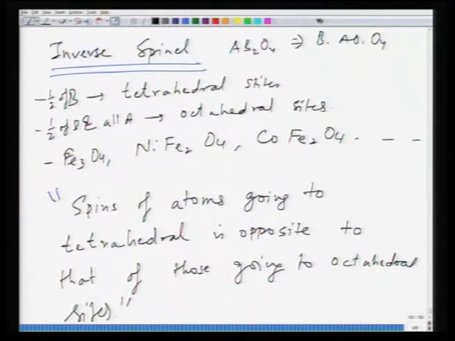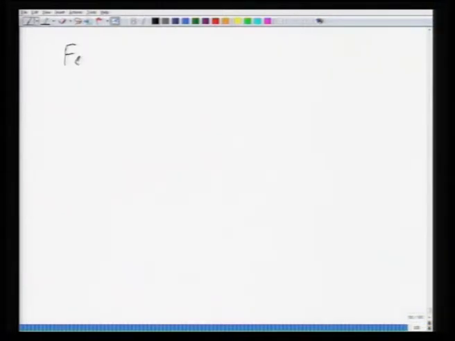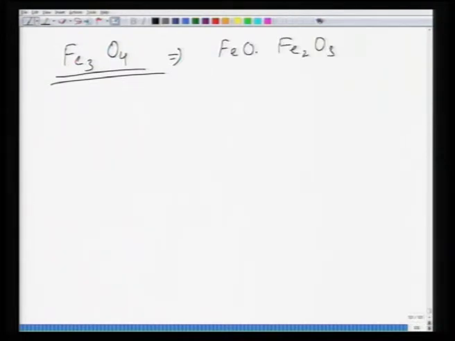So what you have is anti-ferromagnetic ordering, and you are going to have a different picture. If this was true, then let us take the example of Fe3O4. Fe3O4 can also be represented as FeO dot Fe2O3. It's a solid solution of essentially FeO and Fe2O3.